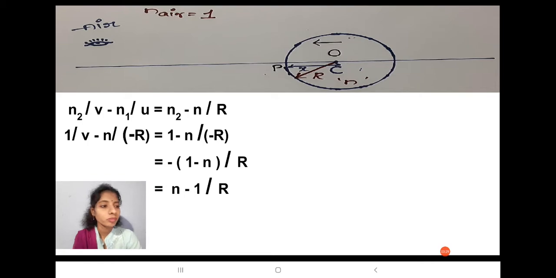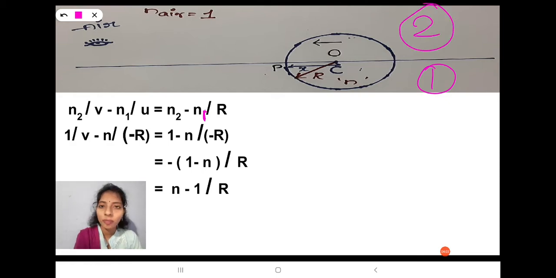Now we know the formula, that is n2 by v minus n1 by u equals n2 minus n1 by R. So here n1 is the refractive index of the sphere, this is the first medium, and air is the second medium.